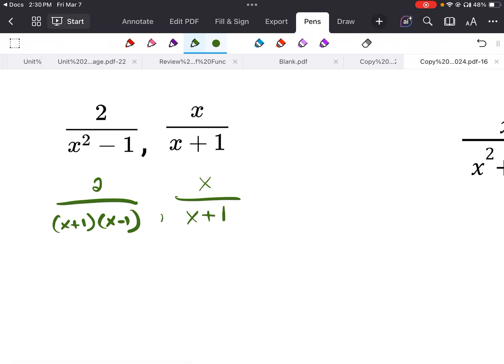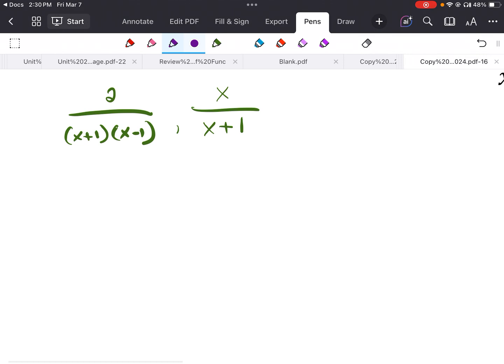And then we see that the only difference between the new first denominator and the second one is that the first denominator has an x minus 1. So the common denominator here is going to be the x plus 1 that's included in both of them and the x minus 1 from the first one.